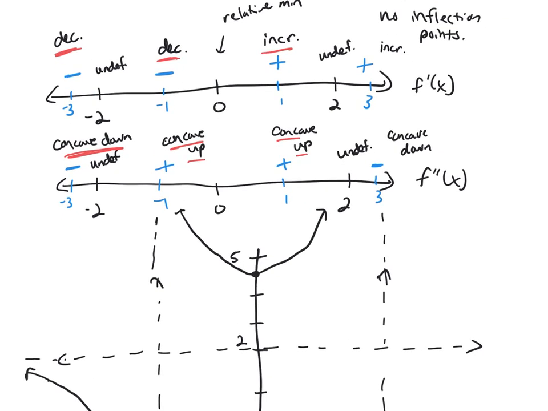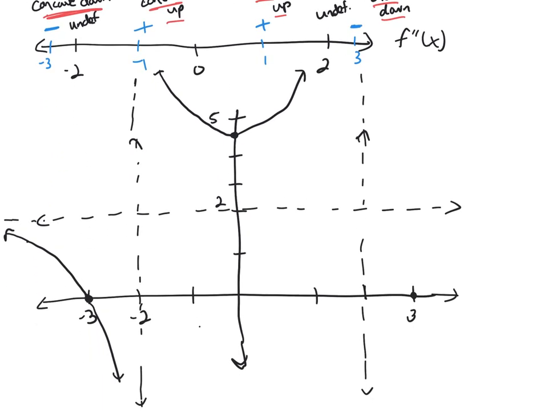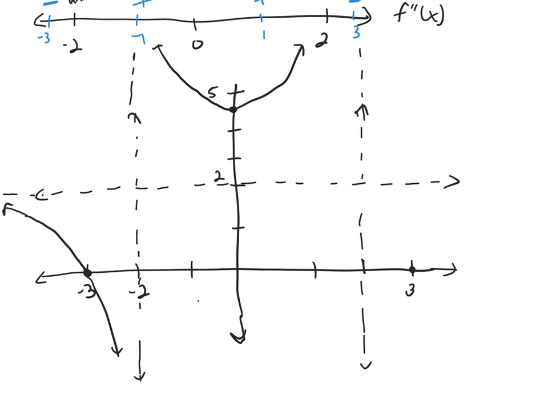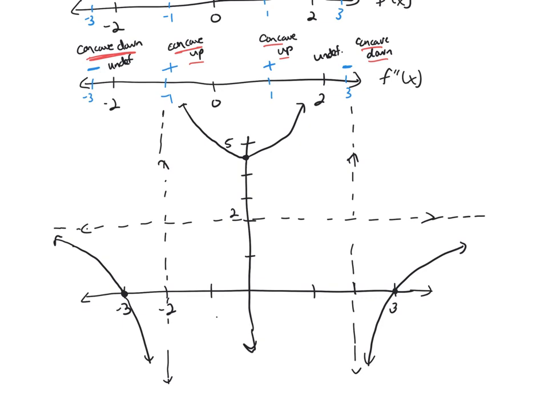And then on the other side of my vertical asymptote, it's going to be increasing and concave down. So it's always going to be increasing, so it should be going upwards, and concave downward the whole time. So there, if I kind of zoom out a little bit, there is the sketch of my graph right there.